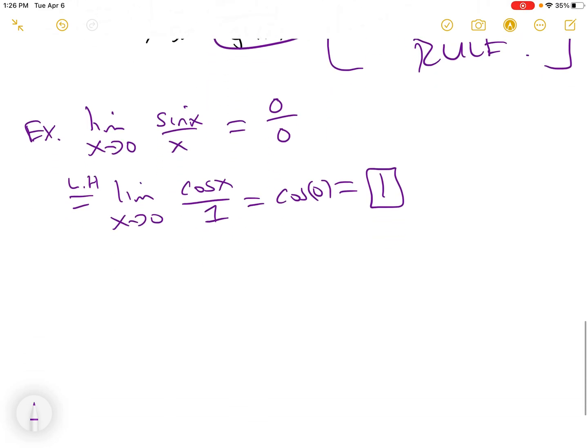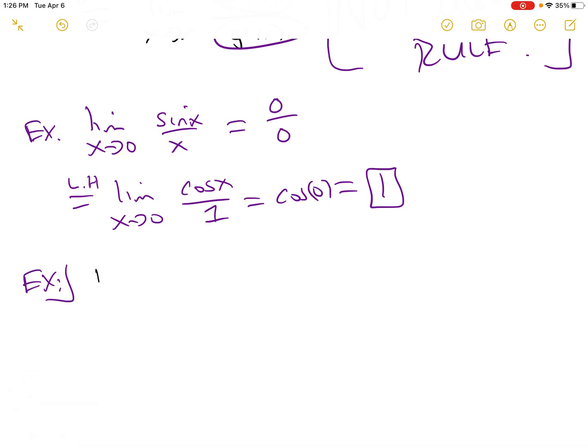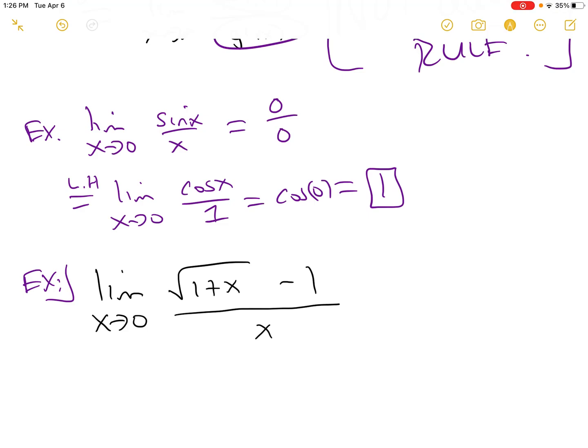Okay, here's another one. We're going to take the limit as x approaches 0 of the square root of 1 plus x, minus 1, over x. And this has to come from the right, not a big deal. Okay, when you plug in 0, you get 1 minus 1 over 0, which is 0 over 0.